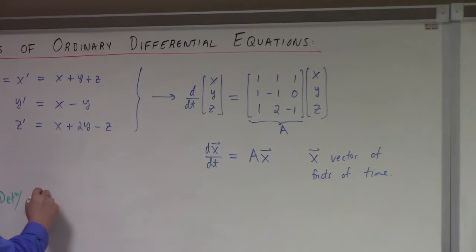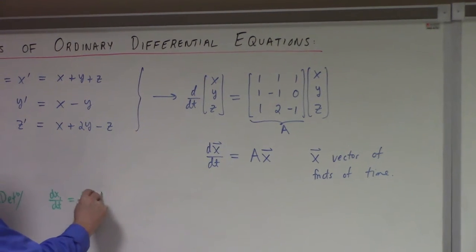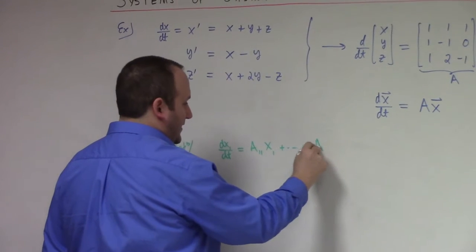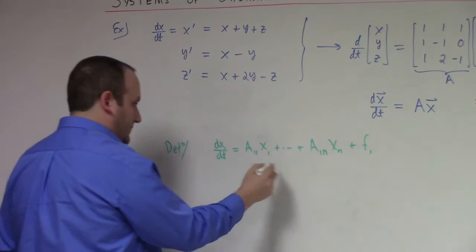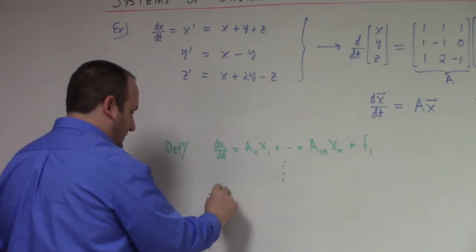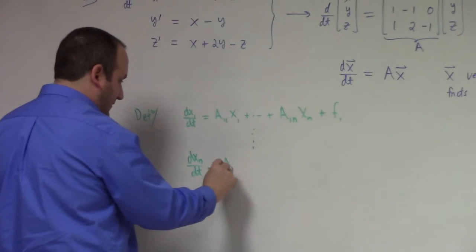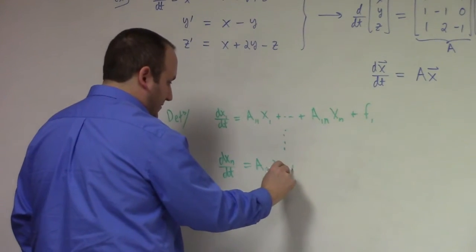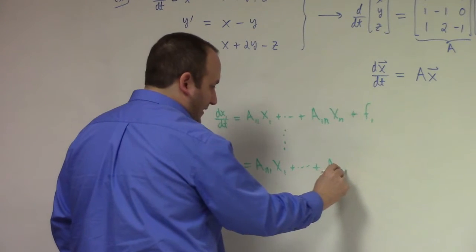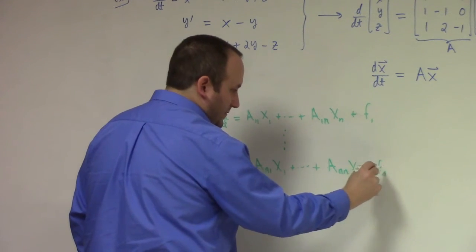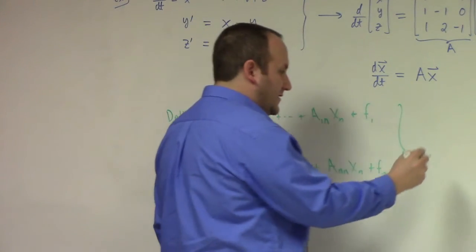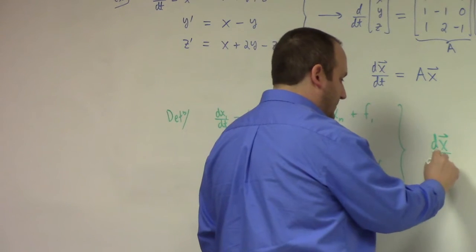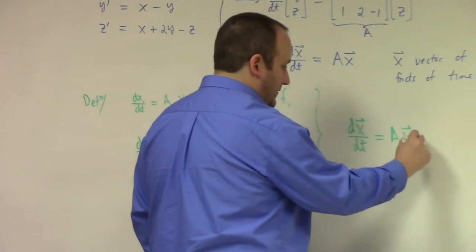If you have, say, dx1 dt is equal to a11 x1 plus dot, dot, dot, plus a1n xn, plus f1, and repeat this story until you get to the nth variable, dxn dt is equal to an1 x1 plus dot, dot, dot, plus ann xn, plus fn. You could rewrite this system of n differential equations and n unknowns as dx dt is equal to Ax plus f.